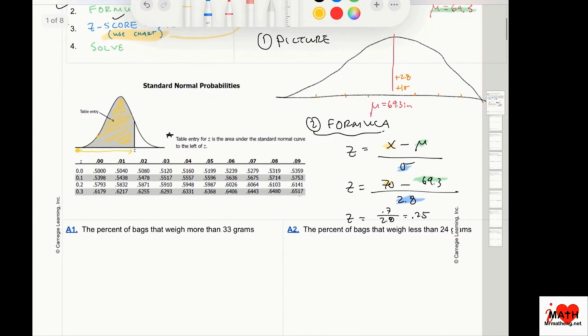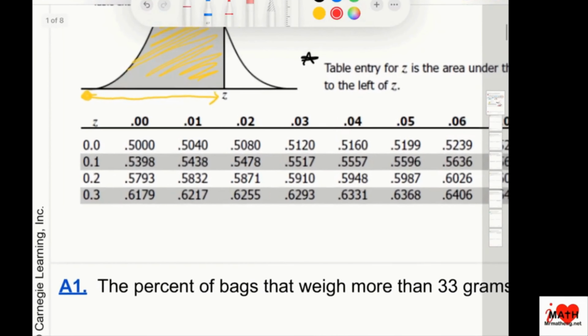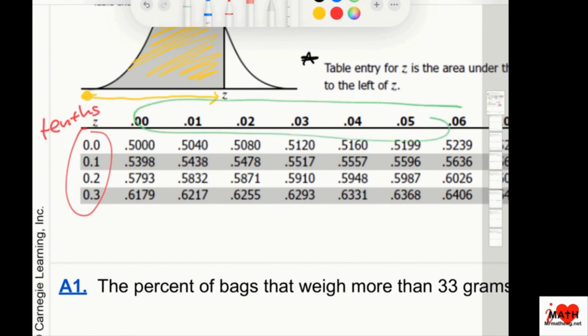Okay, let's look for z equals 0.25. Over here you have the tenths, and up here you're running by the hundredths. To give you an example, in blue, let's say I want a z-score of 0.13.